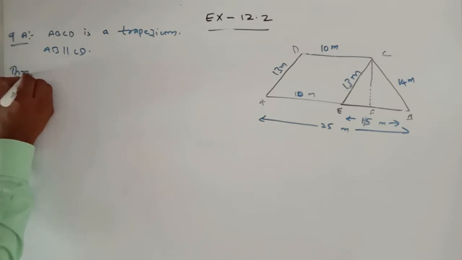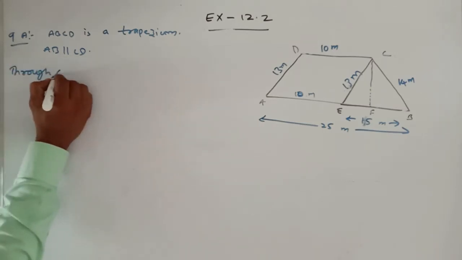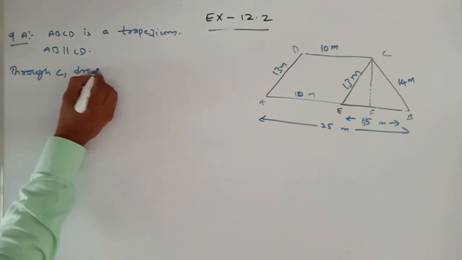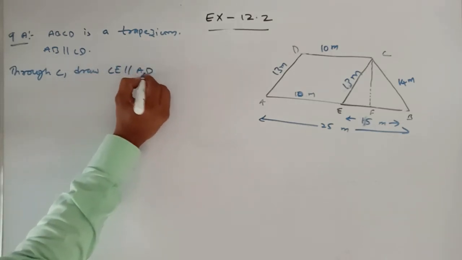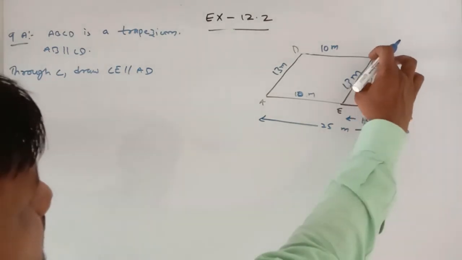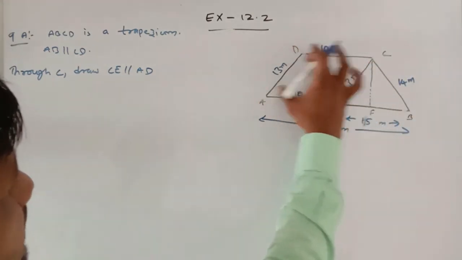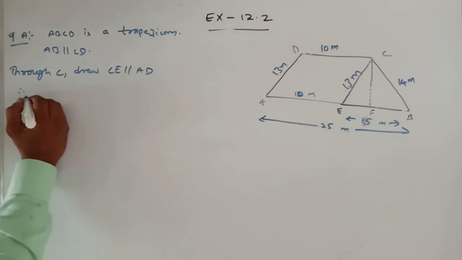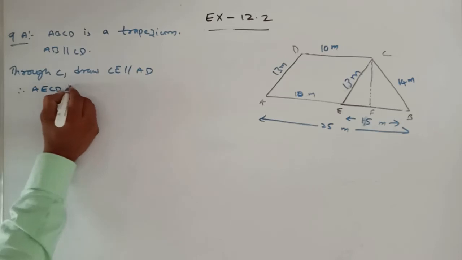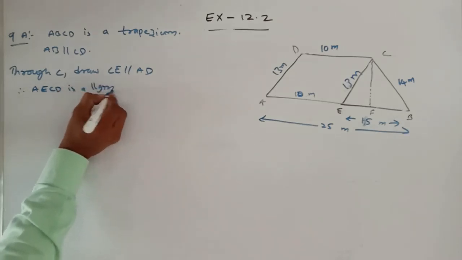Through C, draw CE parallel to AD. That means from C, I am drawing a line that is parallel to AD. So therefore CE is parallel to AD. Therefore AECD is a parallelogram.